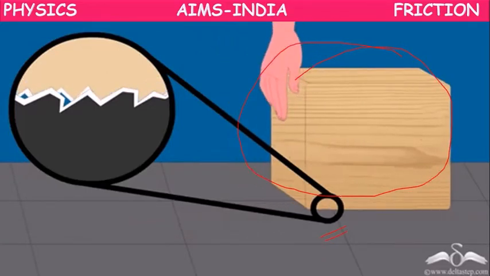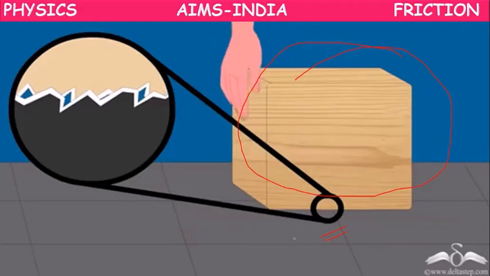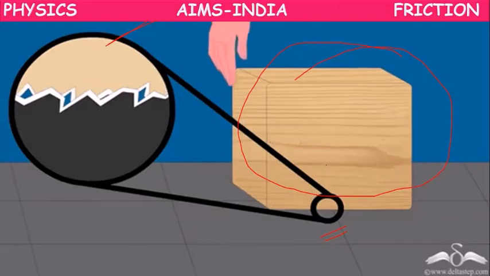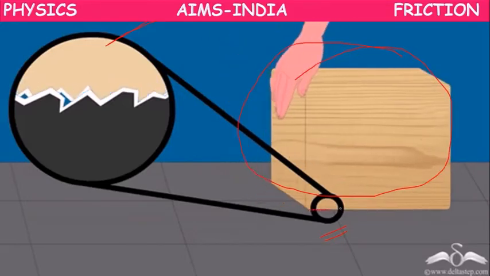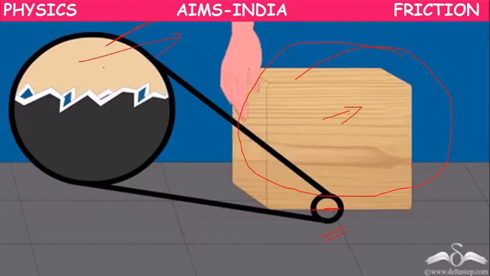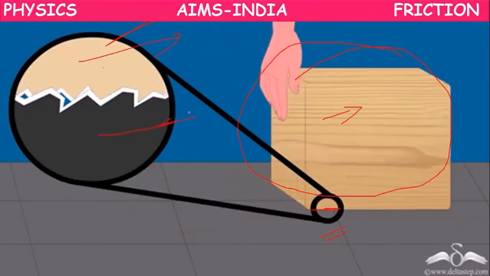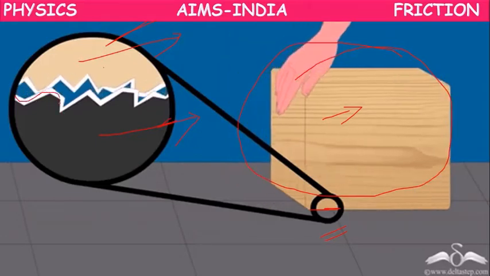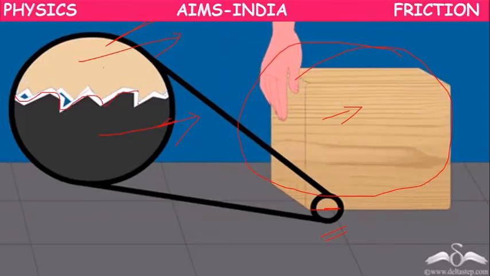If you take the microscopic view of this situation, suppose this is the surface of the block, this is the surface of the floor, this is the area of contact, the surface area which is in contact.